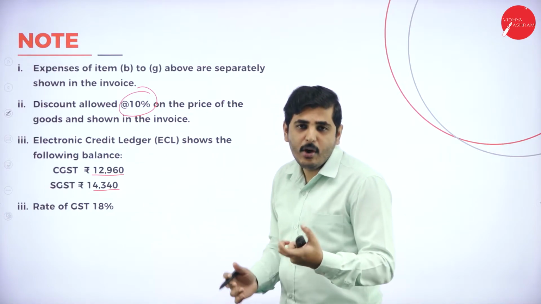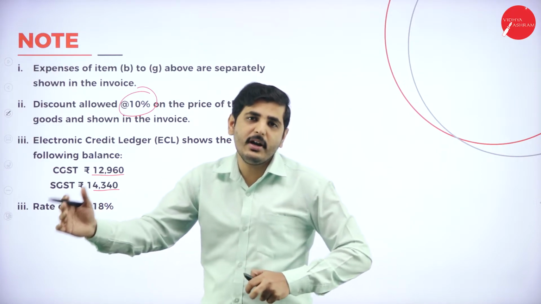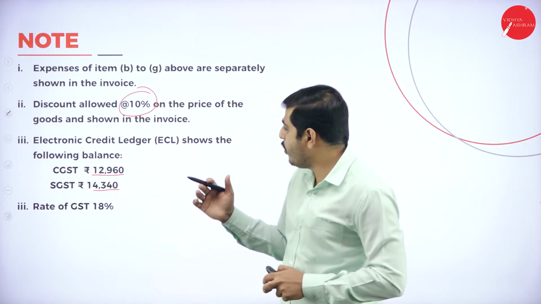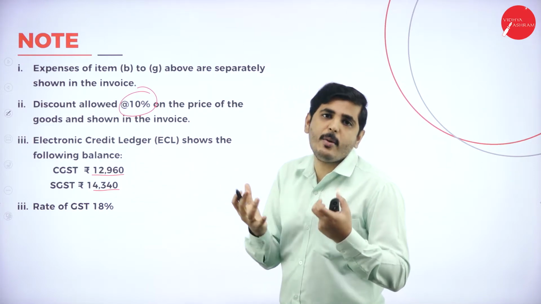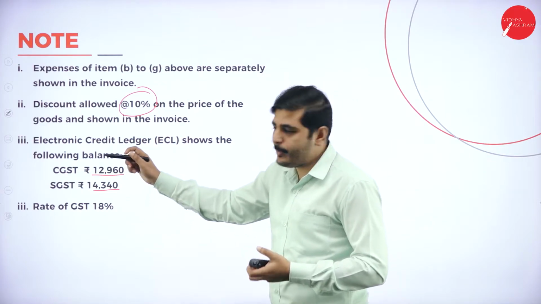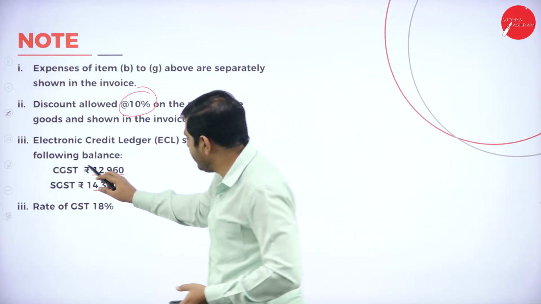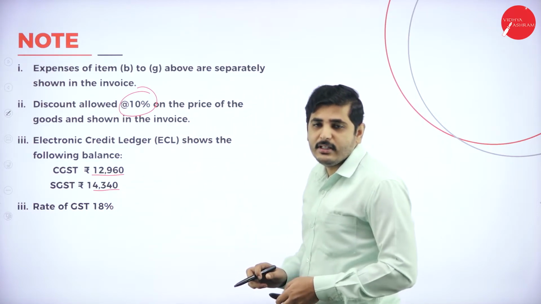What is output? Finished or produced goods are called outward supply or output. Input means raw materials, on which we have paid tax: CGST 12,960, SGST 14,340.